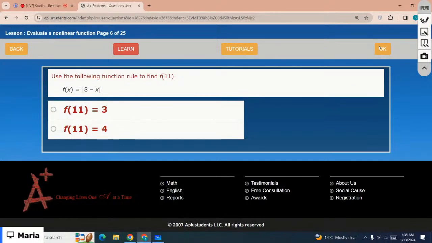Use the following function rule to find f of 11. Yes, that is 3. The correct option is option number 1. Very good.